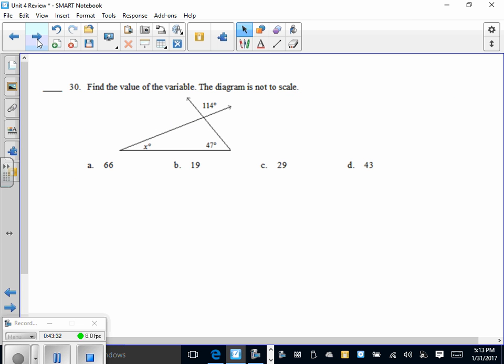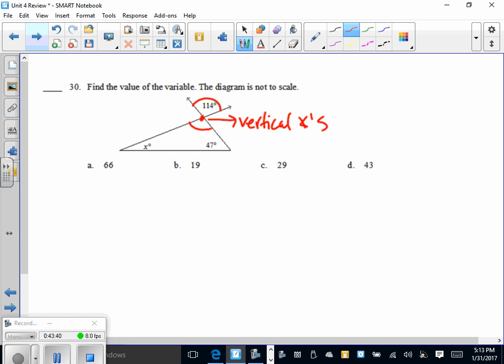Number 30. 114 and this angle have a vertex in common, so they are called vertical angles. And they want us to find the value of x. Vertical angles are congruent, so this angle right here is 114. Now we have a triangle that has to add up to 180.